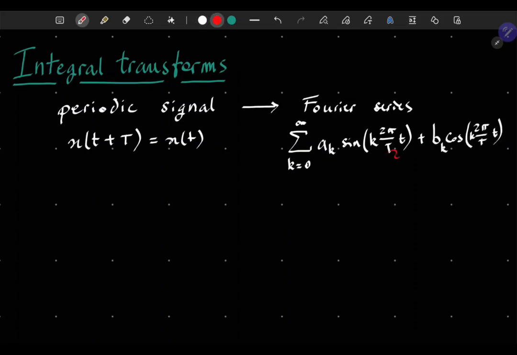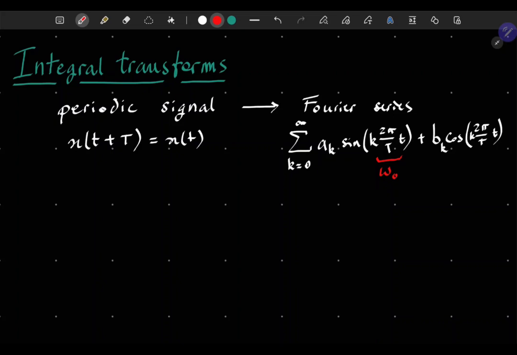The term 2 pi over T is sometimes denoted as omega, which is a frequency expressed in radians per second. And here, to avoid confusion, we give it a naught index to denote that this is a fixed frequency.